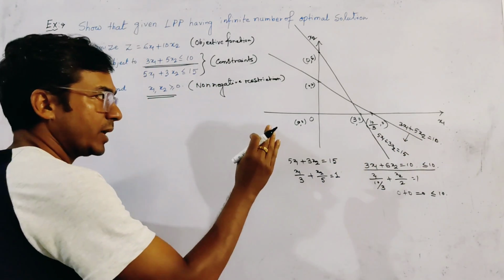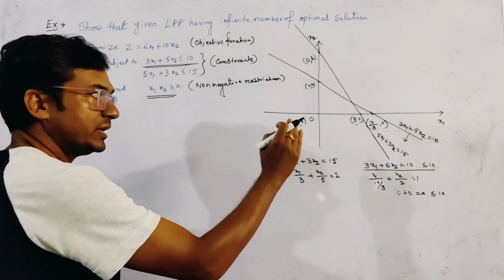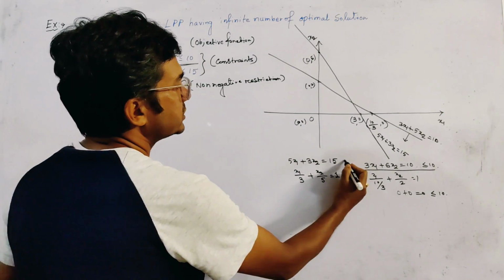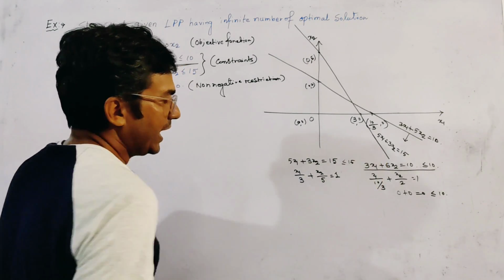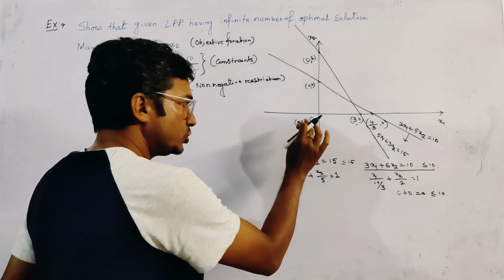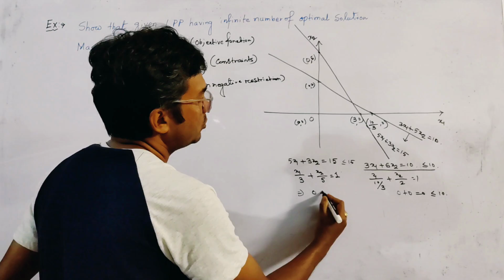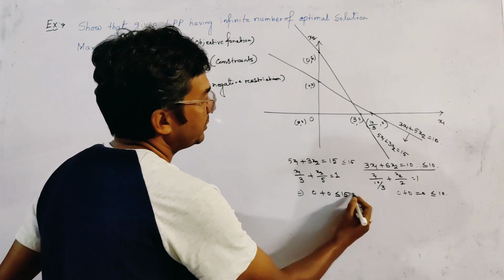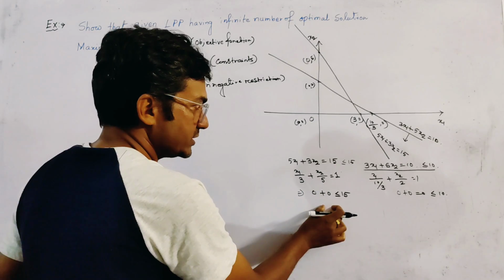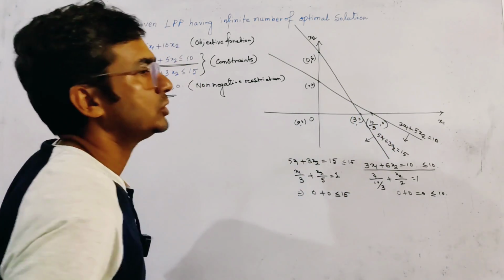Now to determine the region satisfying this condition, here also it is less than or equal to 15, and since the line does not pass through the origin, we put (0, 0) in this relation. We get 0 plus 0 less than or equal to 15, so it also satisfies this condition, and the region is also towards the origin.